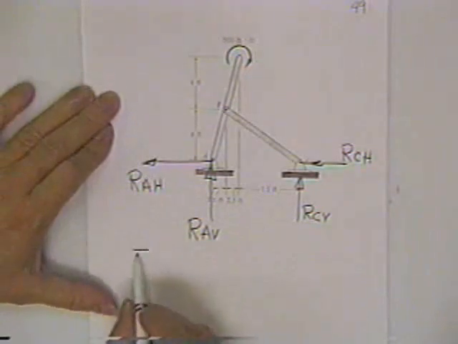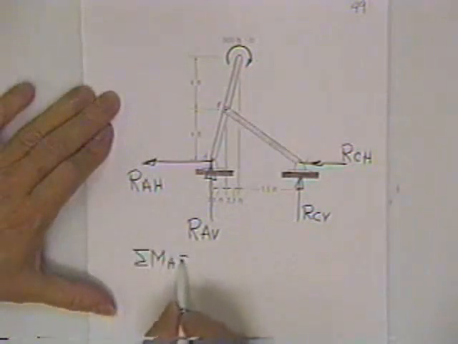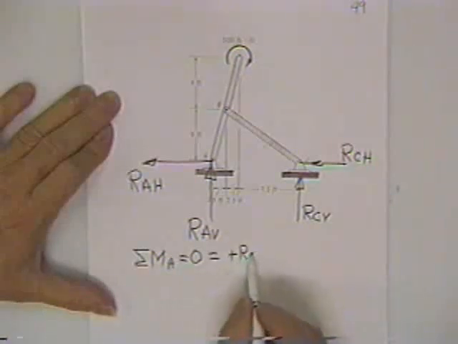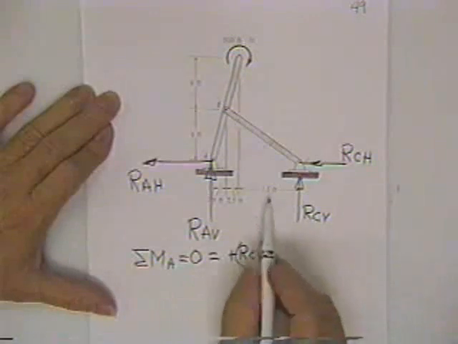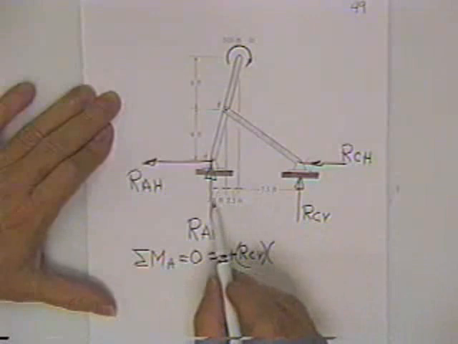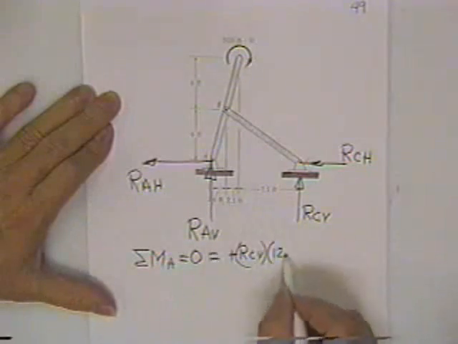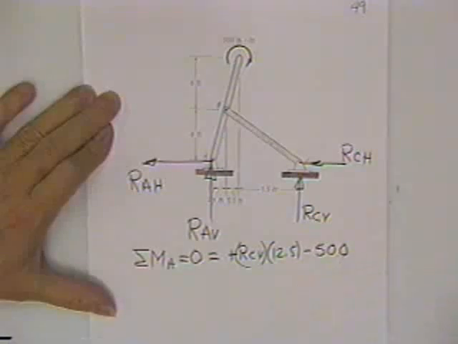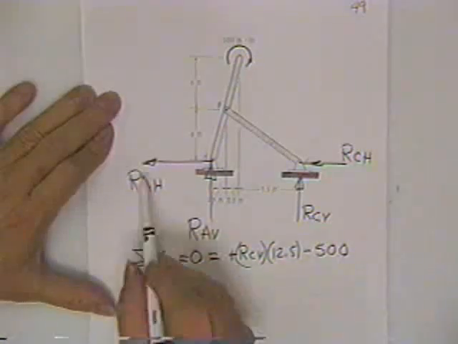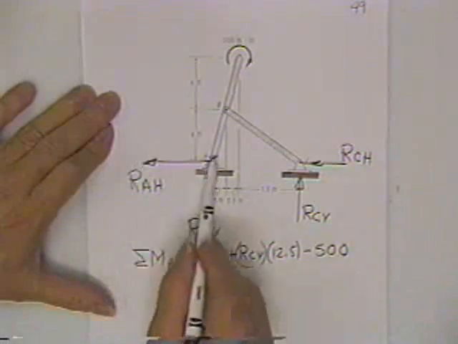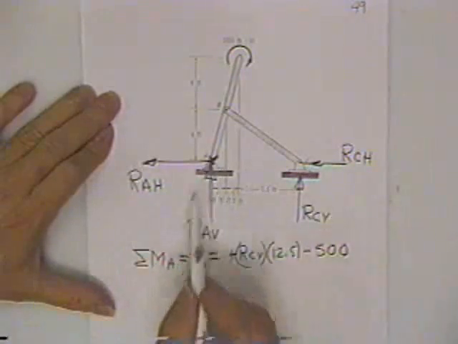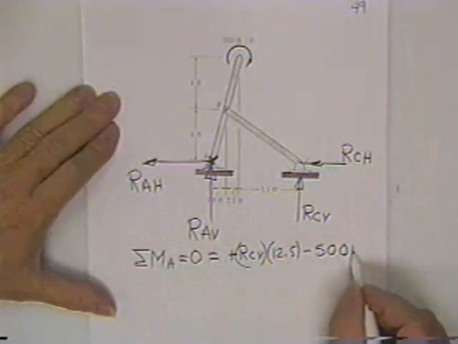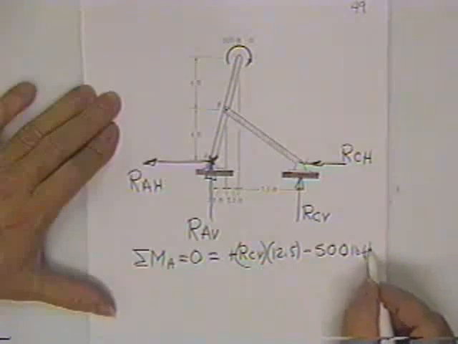The equation would read sum of moments about A equals 0 equals plus RC vertical times 12.5 feet minus 500. That's it. Because this force goes through point A, this one goes through point A, and this one goes through point A. This one doesn't have a moment arm because it's already a moment.